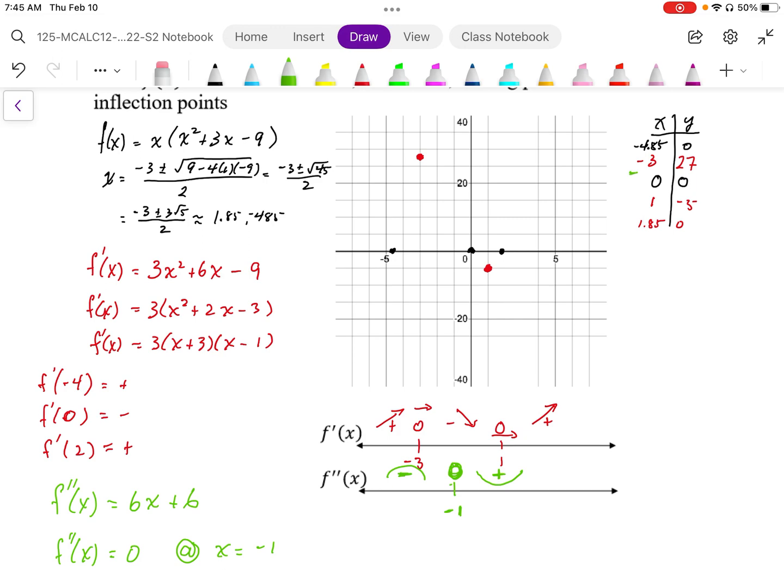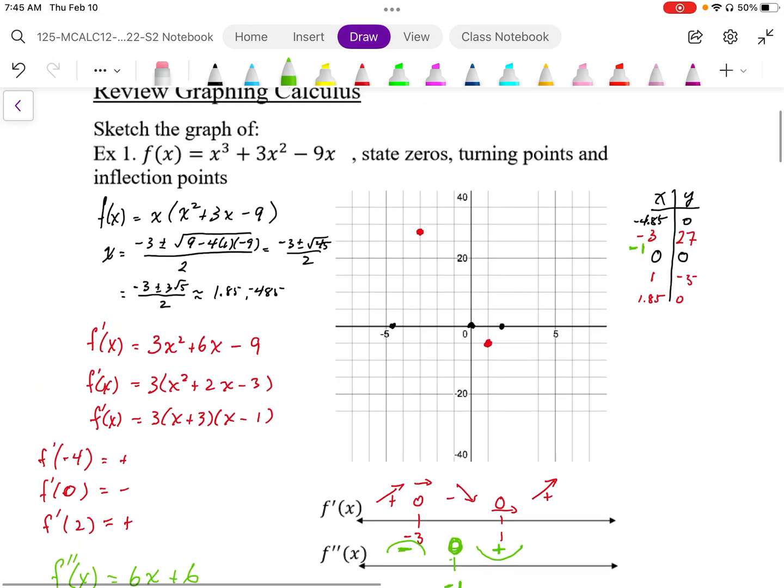So I'm going to plug negative 1 into my table. So negative 1, if I plug that into f of x, I get negative 1 plus 3 plus 9. Okay, so that's going to be negative 1 plus 3 is 2, plus 9 is going to give me positive 11.